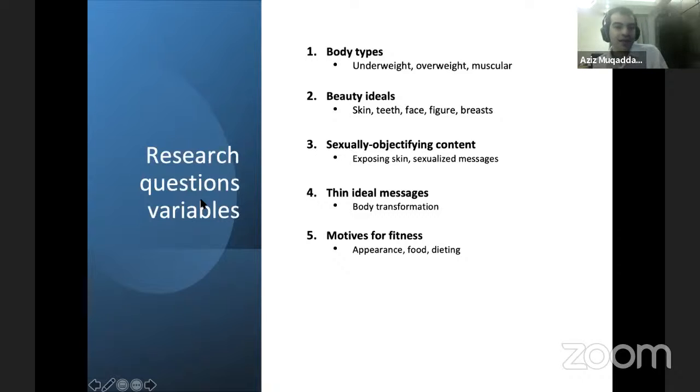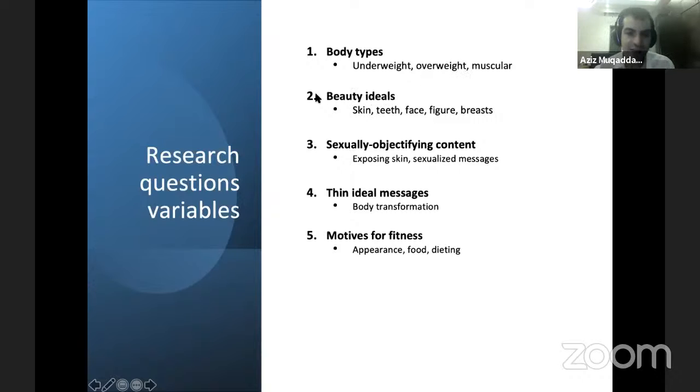And now here are the variables. Because they had five different research questions, they had five different variables. The first one was body type, which we saw in the research question, and it had three categories: underweight, overweight, and muscular.